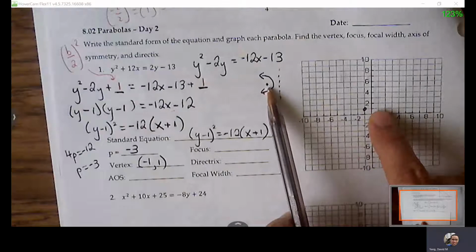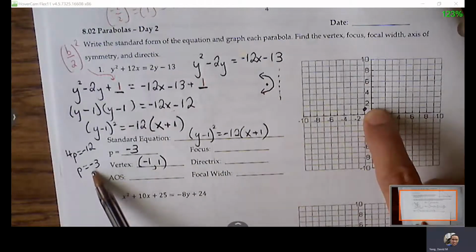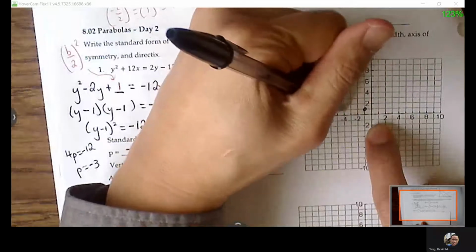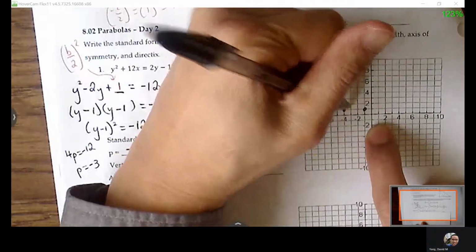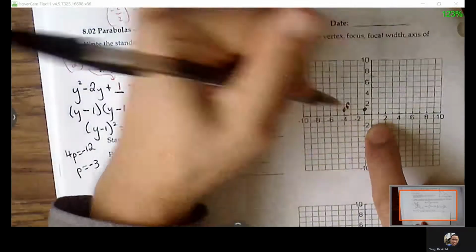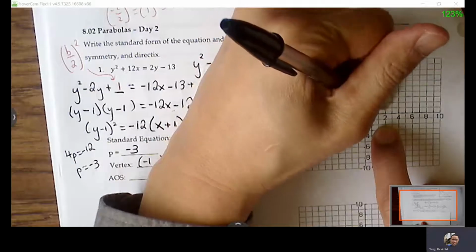Okay. Once you have your vertex, you know you can move to the left and to the right to get to your focus and your directrix. In this case, we're going to move left to get to that focus. And you'll move right 1, 2, 3, to get to that directrix.